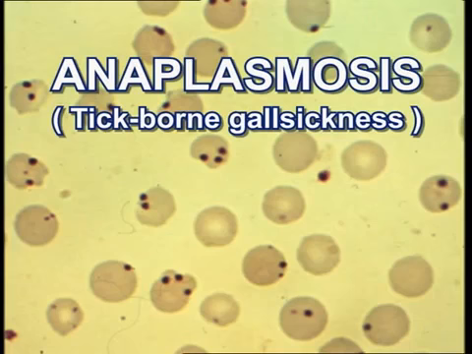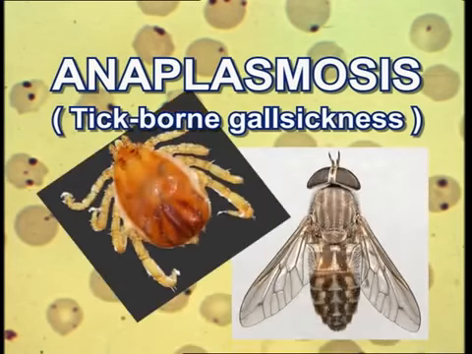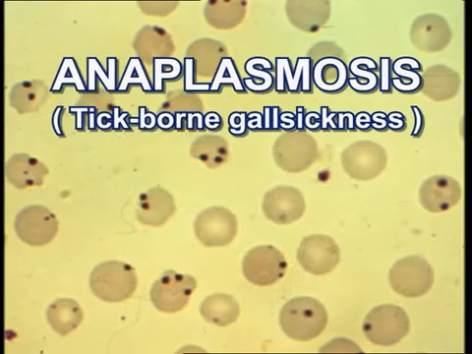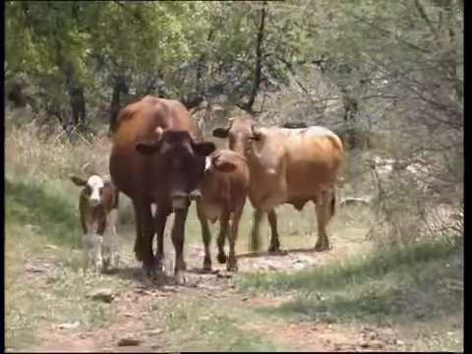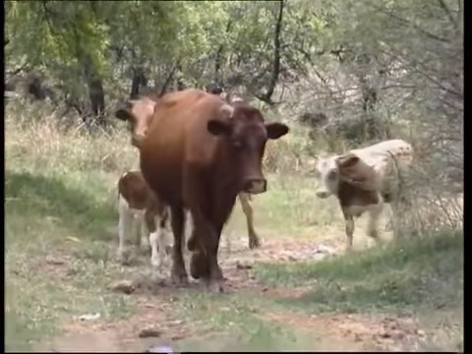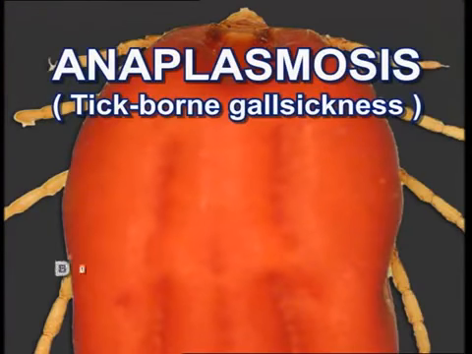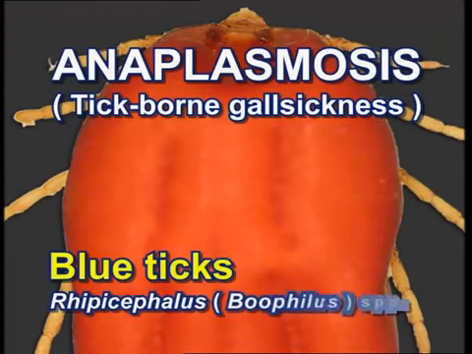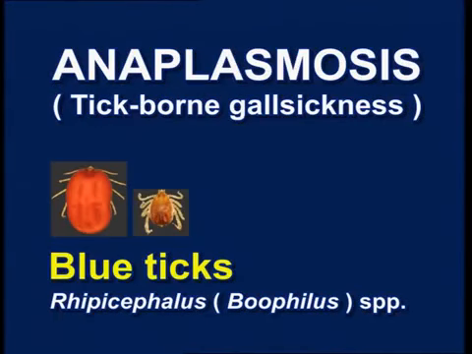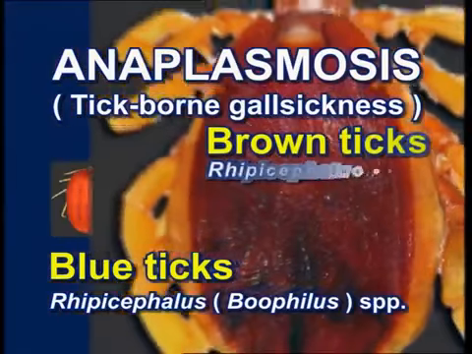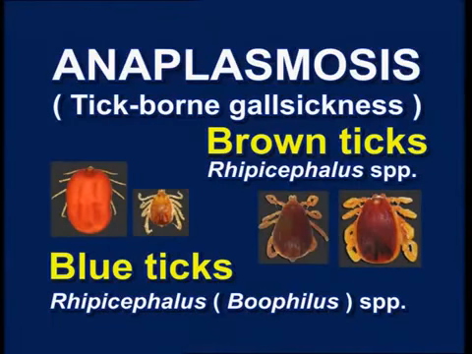Anaplasmosis, or tick-borne gall sickness in cattle, is a tick and insect-borne disease caused predominantly by Anaplasma marginale. Several different tick species have been shown to be capable of transmitting anaplasmosis in Africa. Of these, the blue ticks, Rhipicephalus species, that also transmit babesiosis, and a number of Rhipicephalus or brown tick species are considered to be the most important.